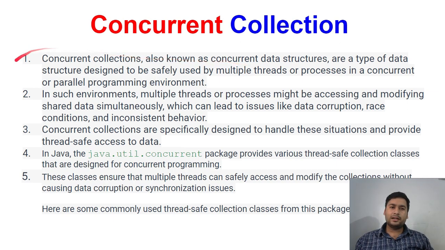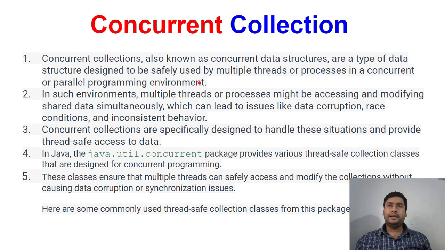A concurrent collection is a type of data structure designed to be safely used, this is the very important line, safely used by multiple threads or processes in a concurrent or parallel programming environment.